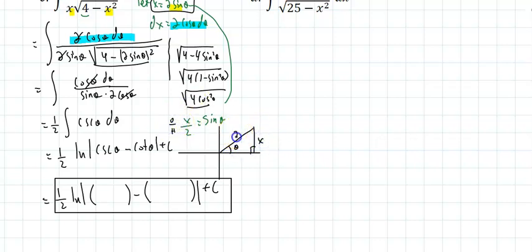If you want to figure this side out, 4 equals x squared plus, call this side L. So you move that over to the other side and you square root both sides. That's the square root of 4 minus x squared. What do you want out of that? You want the cosecant. Cosecant is the hypotenuse over the opposite. And cotangent is the adjacent over the opposite.